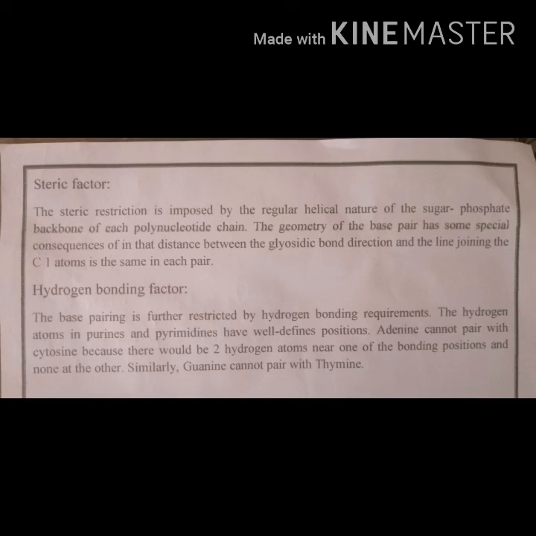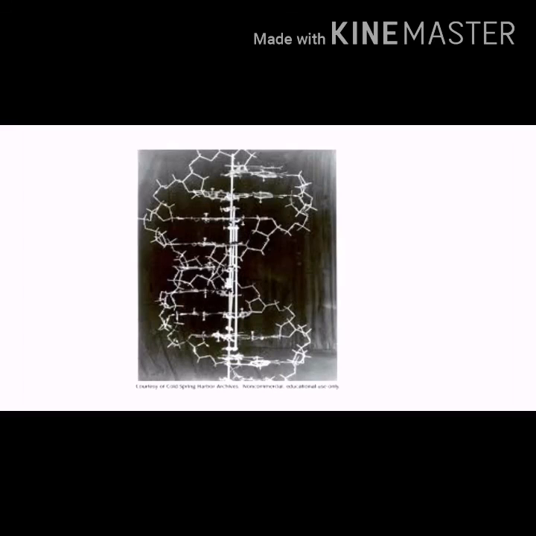The hydrogen atoms in purines and pyrimidines have well-defined positions. Adenine cannot pair with cytosine because there would be two hydrogen atoms near one of the bonding positions and none at the other. Similarly, guanine cannot pair with thymine because there would be three hydrogen atoms near one of the bonding positions. This was the first model of DNA which they found.